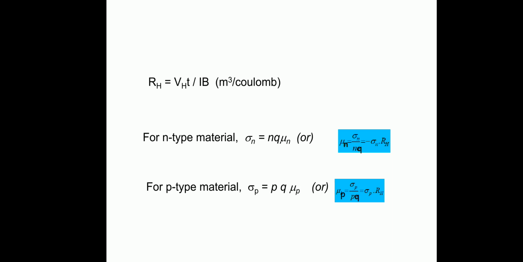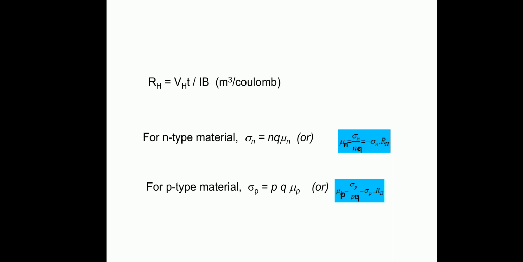So we can say that the conductivity sigma_n equals n q mu_n for an N-type material. From this, mu_n we can write as sigma_n by n q, where minus 1 by n q is the Hall coefficient for an N-type material. So we can write mu_n as sigma_n by n q, which is equal to minus sigma_n into R_H.